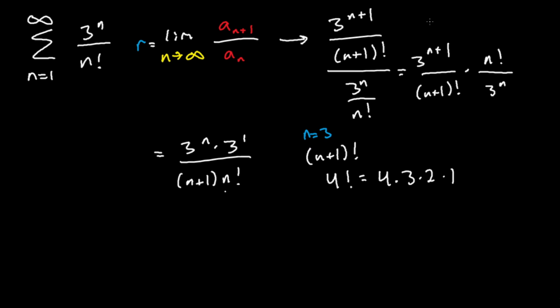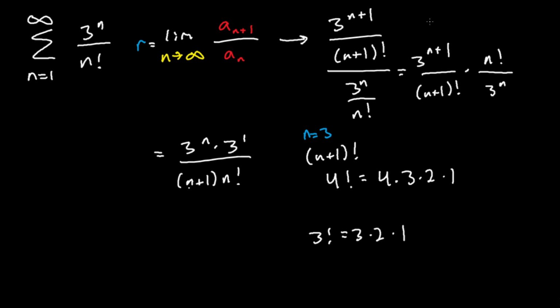Then n factorial, or 3 factorial, is equal to 3 times 2 times 1. And 3 times 2 times 1 is the right side of this expansion, the beginning terms 1, 2, and 3.